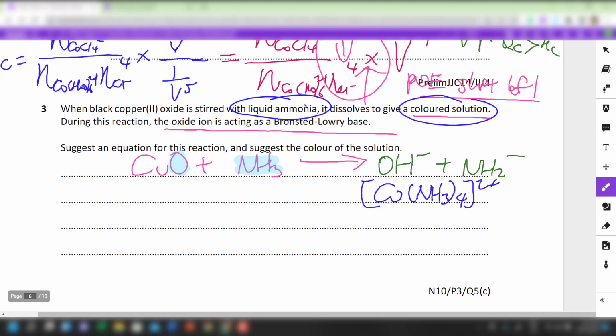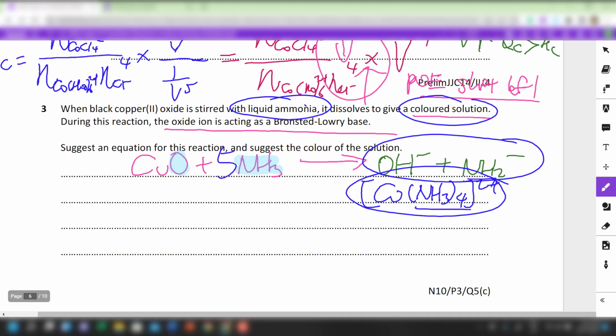If you total up the charge, -2 and +2, you get 0. How many ammonia do we need on the left hand side? If you just count, that would be 4 and 1, which is 5. This will be the suggested equation.